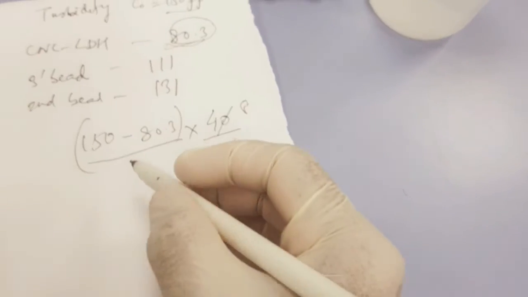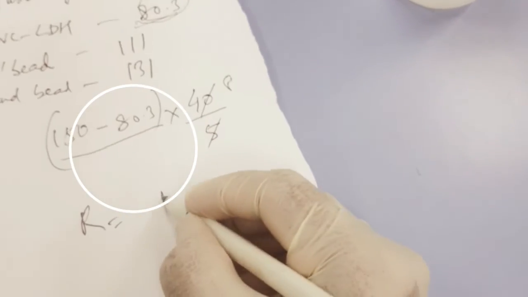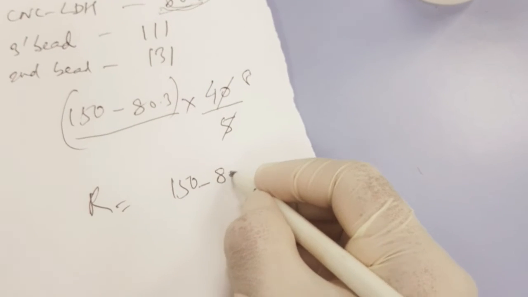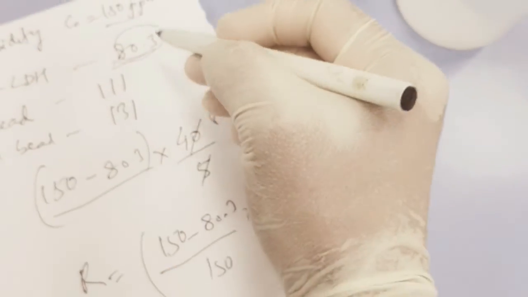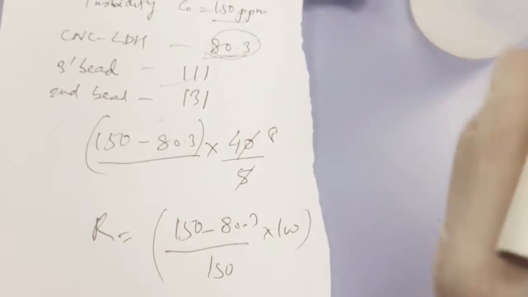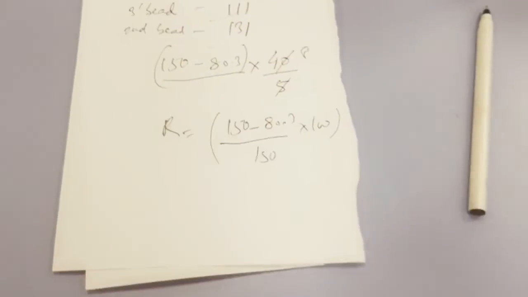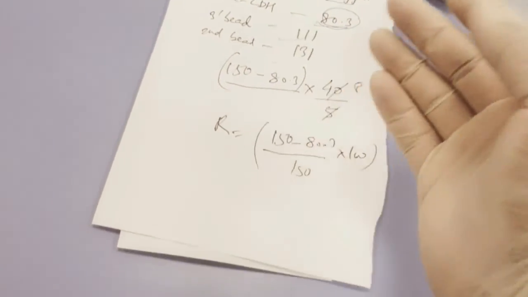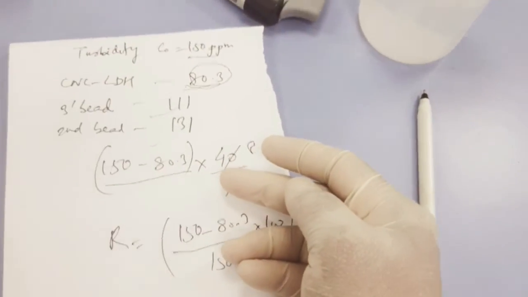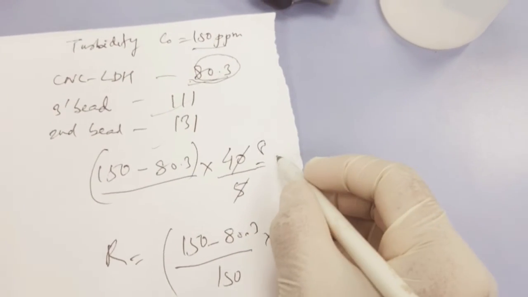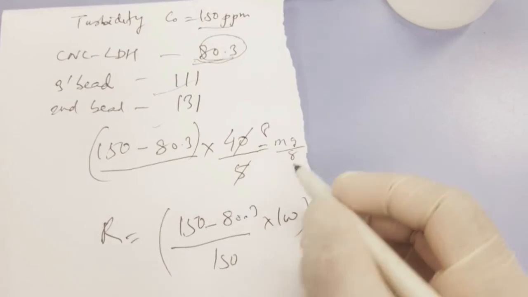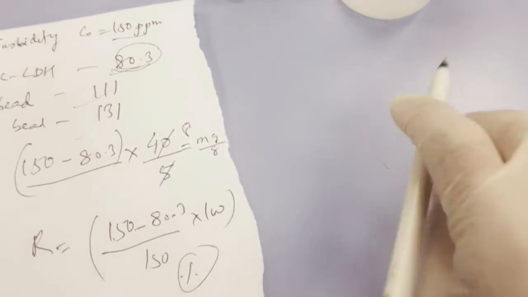In terms of removal, it would be 150 minus 80.3 divided by 150, into 100. Similarly, you can calculate for the third and the second. So this is all about the batch adsorption and the calculation of adsorption capacity. Here the qe unit will be milligram per gram, and the removal will be in percentage.